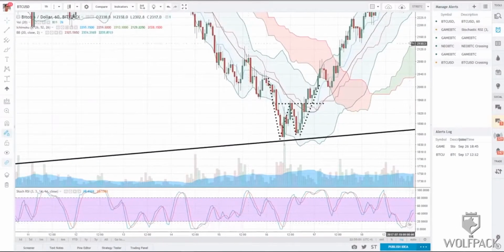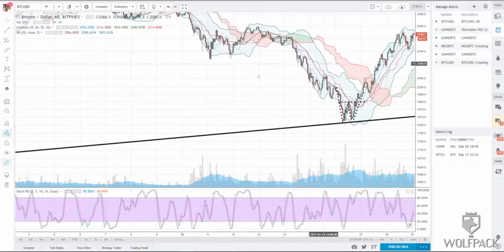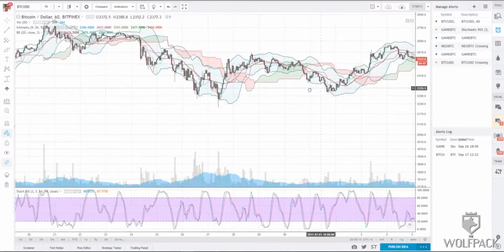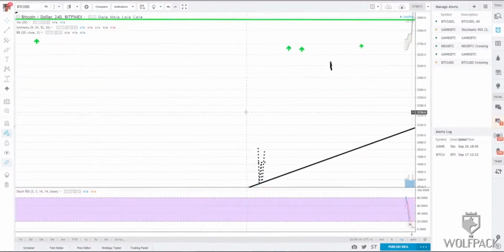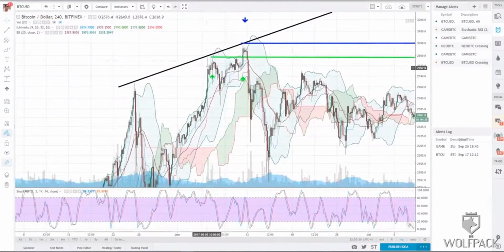It's the same thing for a double top reversal. If I can find one, I'll show you, though I don't think we've had a double top on Bitcoin in a while. Let me see. Maybe this can be considered a double top.